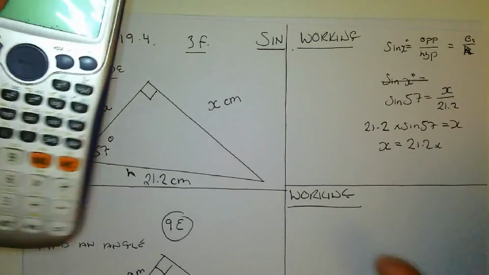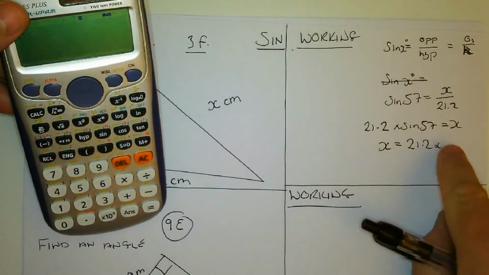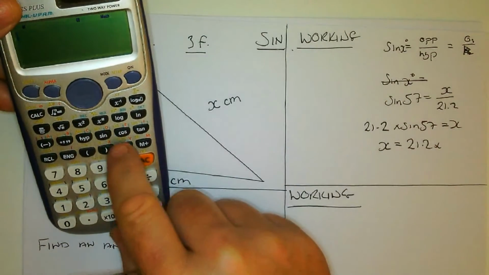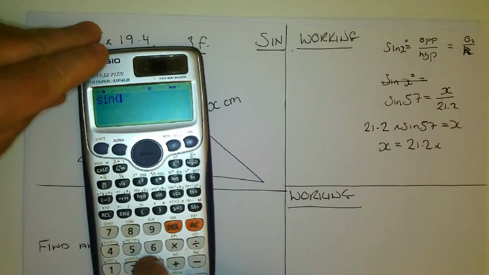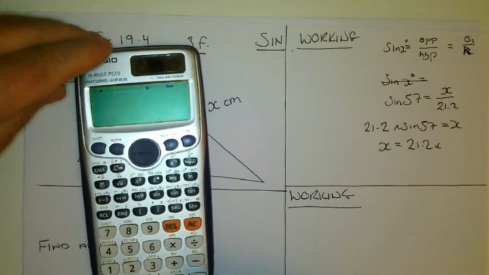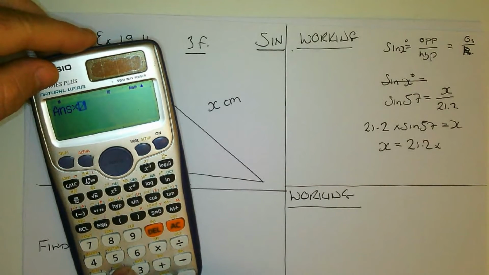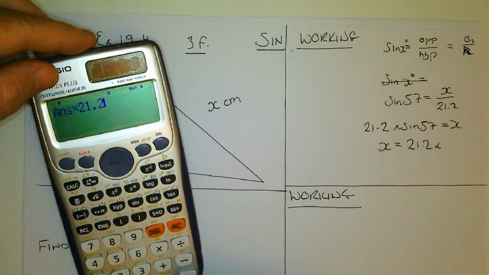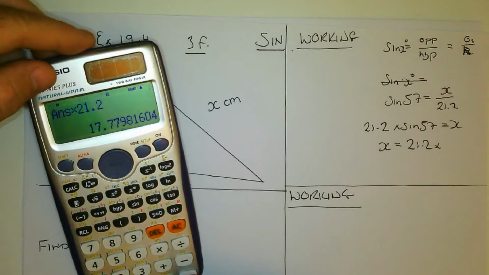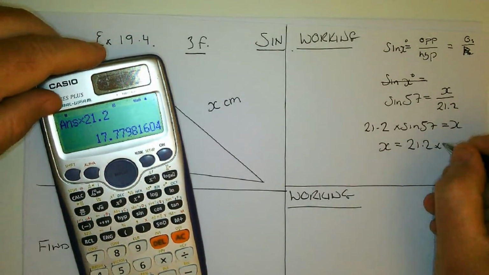I'm not too bothered how you do that, just make sure you get it correct. So 21.2 times the sine of 57 equals, and I'm just going to do it right now, and you get 17.77.